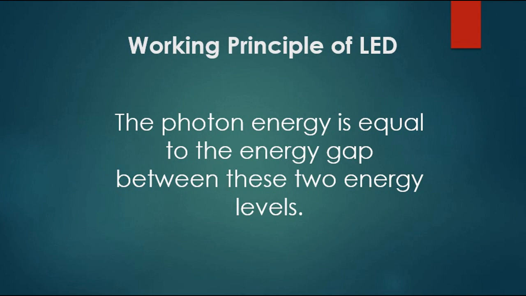So the photon energy is equal to the energy gap between these two energy levels. The one that has been emitted is equal to the energy gap. In that case, if you have studied quantum, I believe you will understand the principal aspect of it, so I don't think I will be explaining the gap.